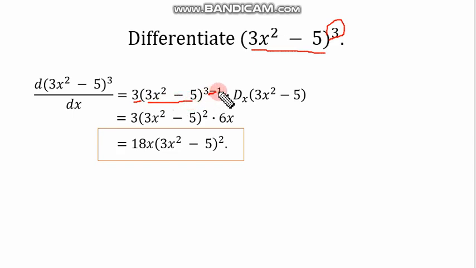And then 3 minus 1, that's 2. So that's 3 times (3x squared minus 5) raised to 2 times the derivative of the inner function 3x squared minus 5, that's 6x. So the final answer is 18x times the quantity (3x squared minus 5) raised to 2.